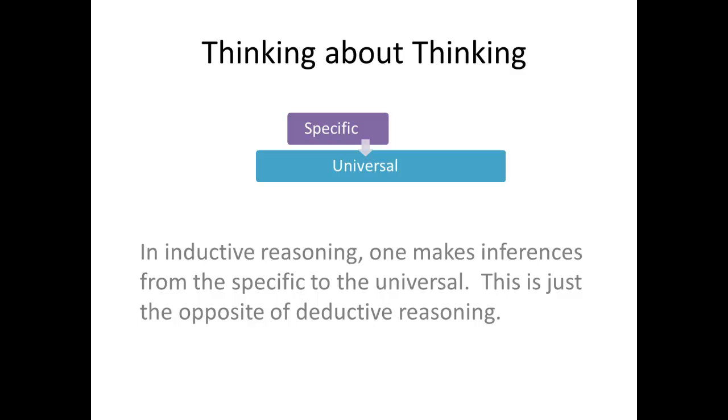You'll notice in that case we are moving from a universal statement, all Bichons love toys, to something very specific, a very specific statement about a specific Bichon. Casey loves toys. That is reversed here in inductive reasoning. In this case, we are going from specific observations.